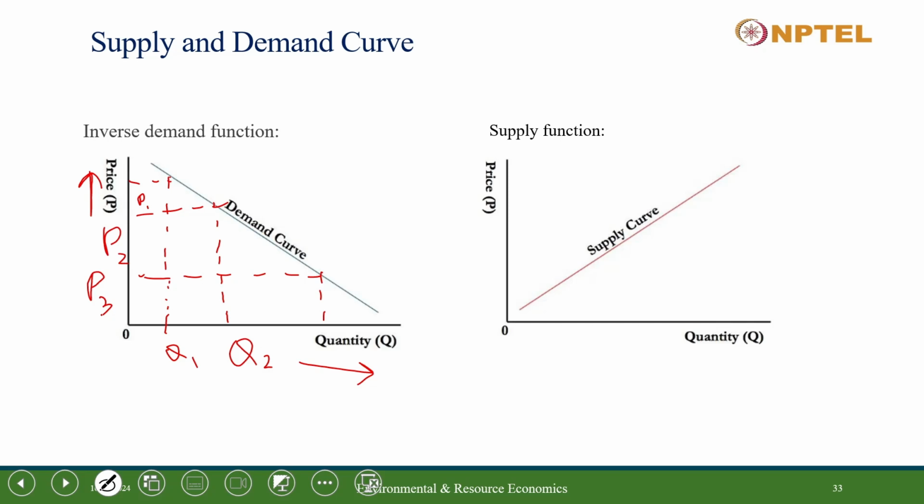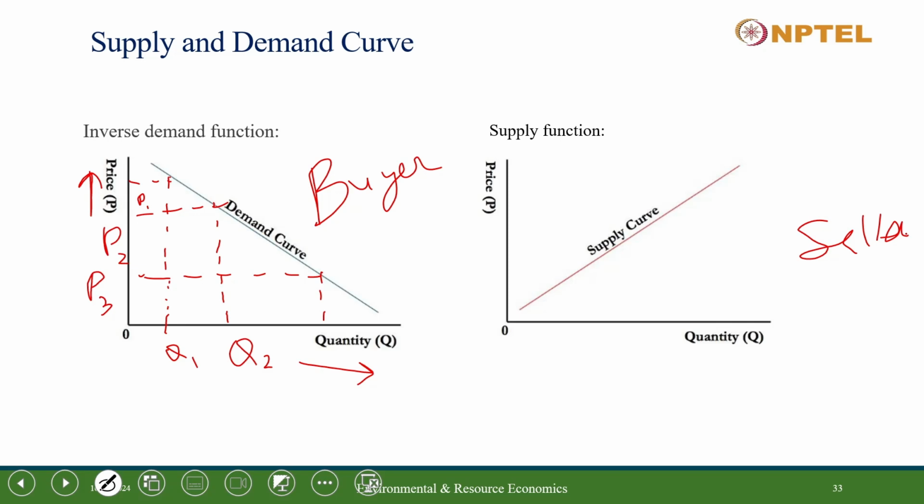If you have 10 shirts, then for one additional shirt, you will not be ready to pay more than 200 or 300. That is called diminishing marginal utility, and that's why the demand curve is downward sloping. Now, what is the supply curve? The demand curve is for the buyer and the supply curve is for the sellers.